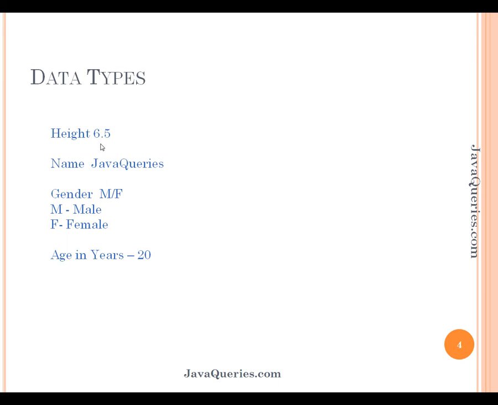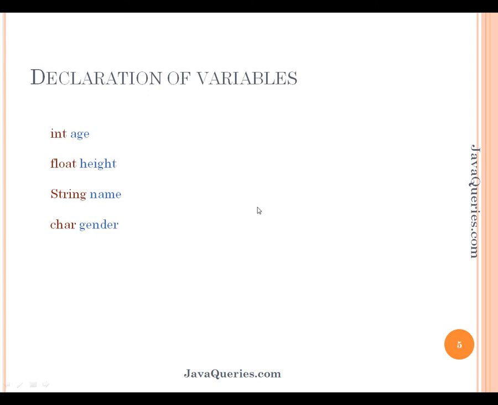Name, Java queries, is a series of characters, nothing but a string. Gender, male or female, is a single character. So there are different types of data we come across in programming languages like in the real world. For this we have standard data types that we'll see on the next screen.